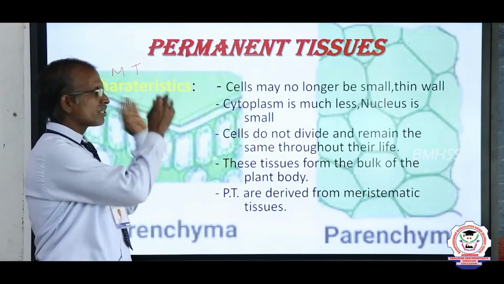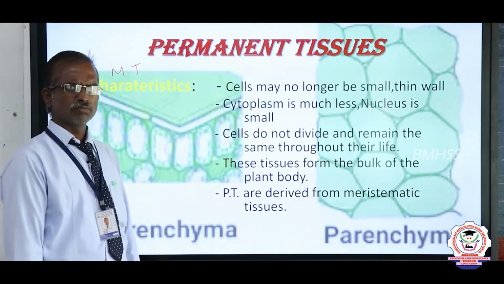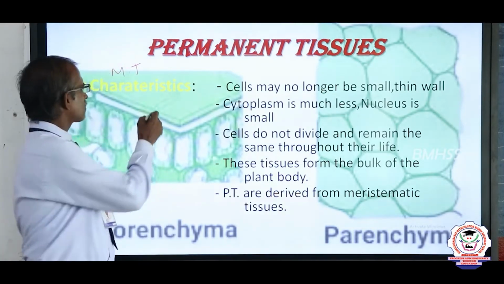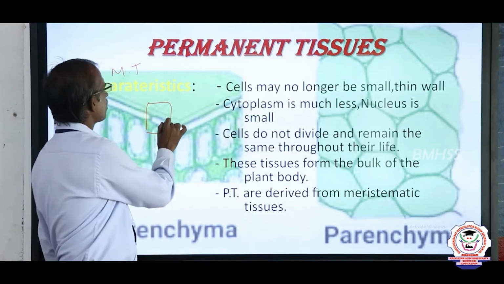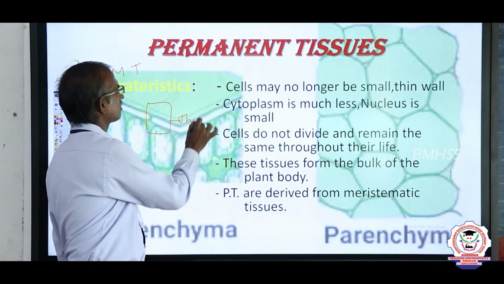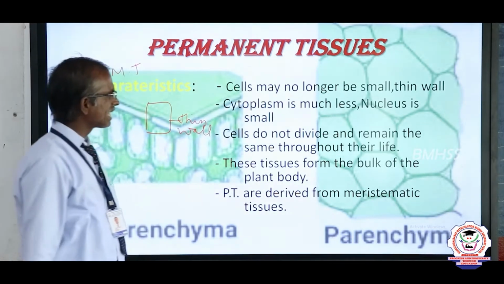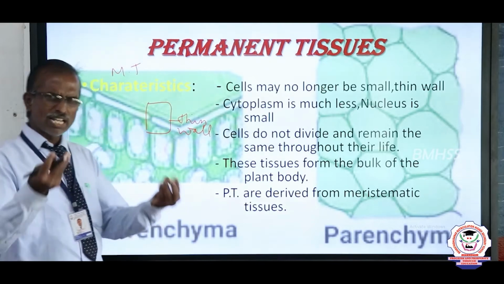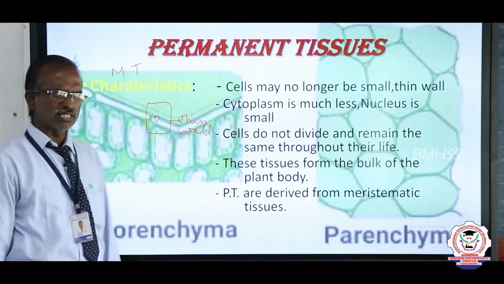The cells of this tissue show the following characteristic features. The cells are no longer small in size, and are thin walled in nature. Cytoplasm is much less, and the nucleus is small.